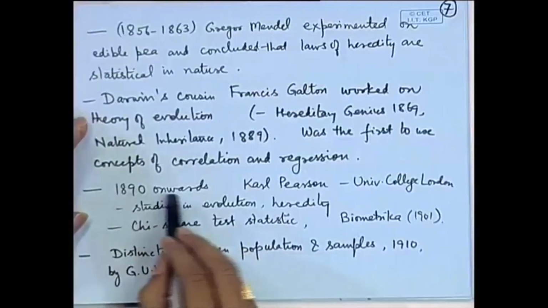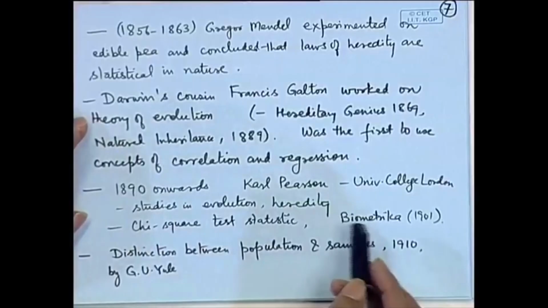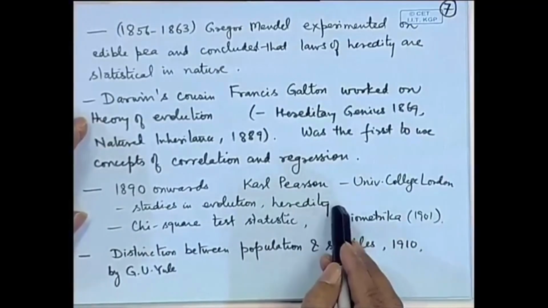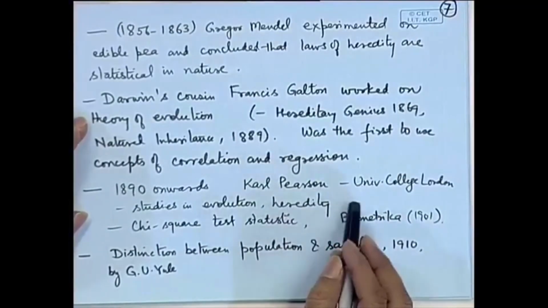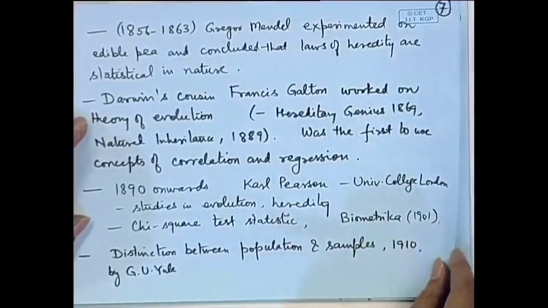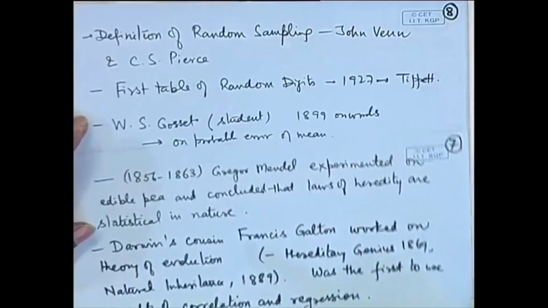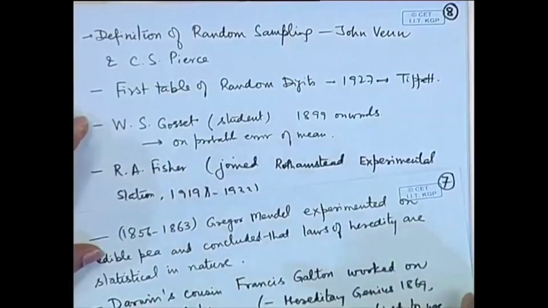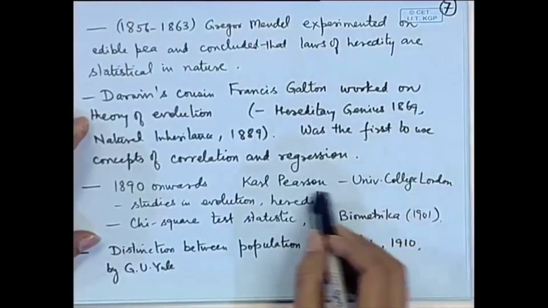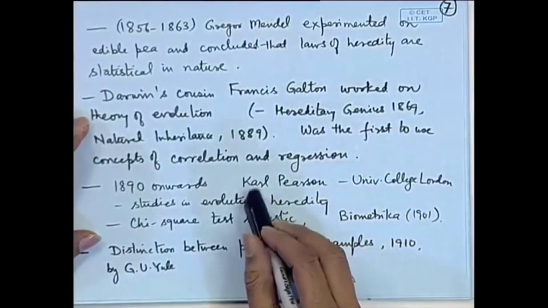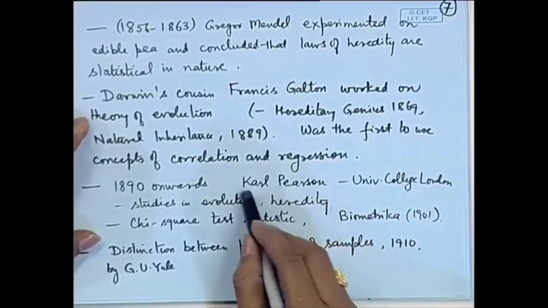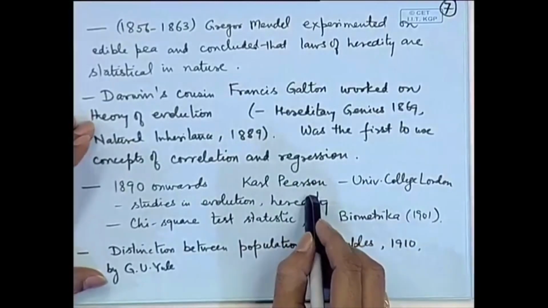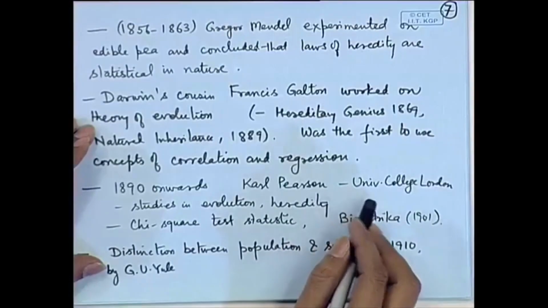From 1890 onwards, two centers of statistics developed. One was University College London and another was the Rothamsted Experimental Station in England. At University College London, Karl Pearson, the mathematician, biologist and economist, started introducing the concept of statistics in a very systematic way.